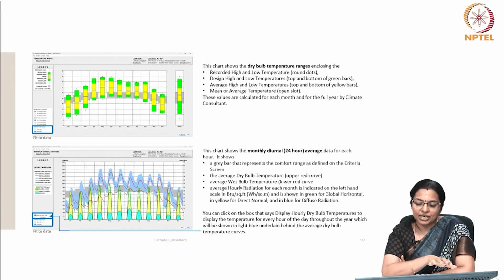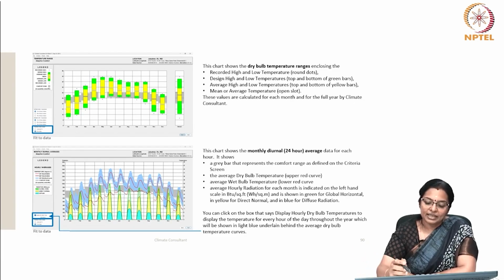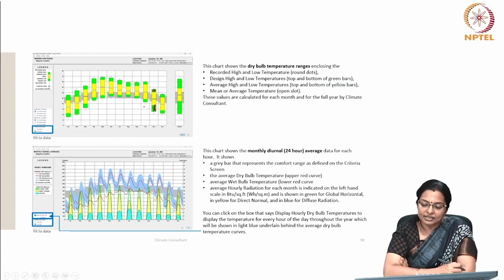In the first chart, it shows recorded high and low temperature as round dots. Then it shows design high and low temperature, that is the top and bottom green bars.